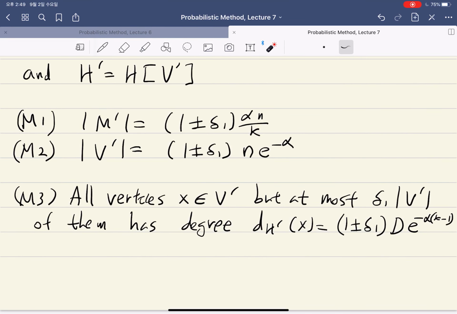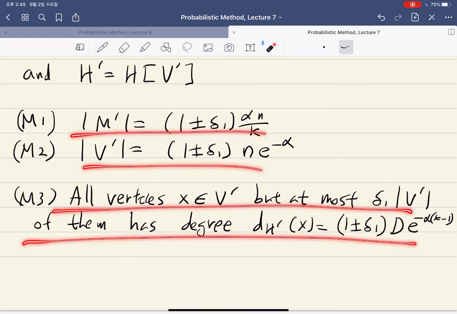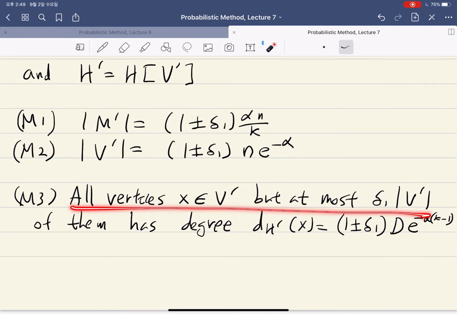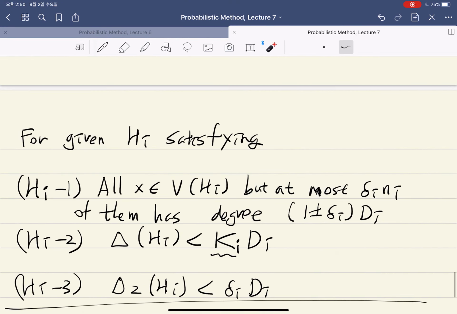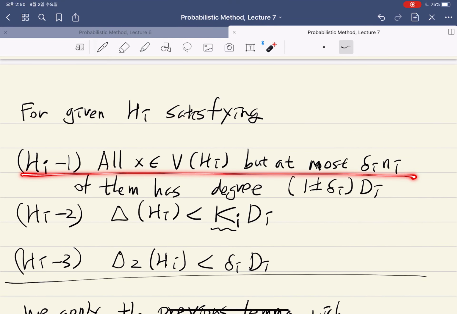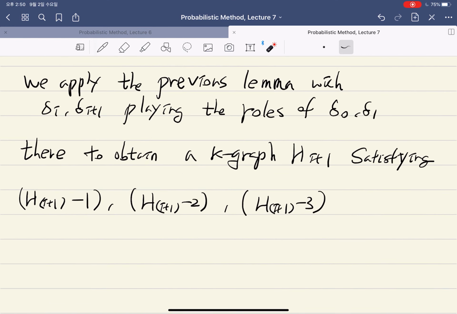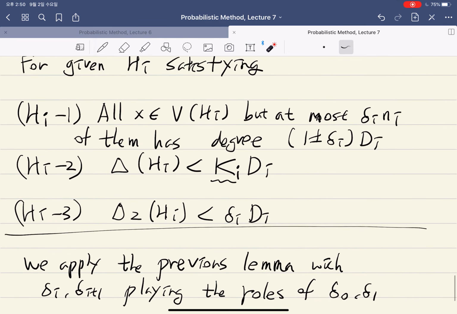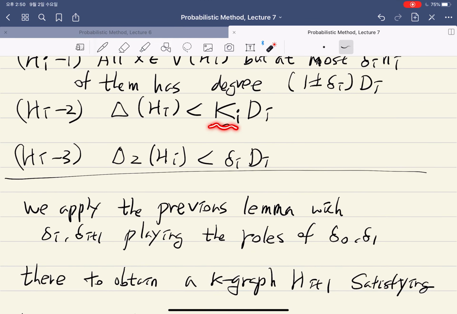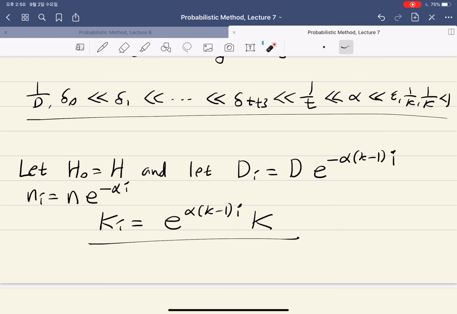Then what do we know? We get a new graph which satisfies this condition as well as this. First, because of this condition, we automatically have this satisfied with i plus 1. So this holds. And the other two also hold because K gets a bit larger.